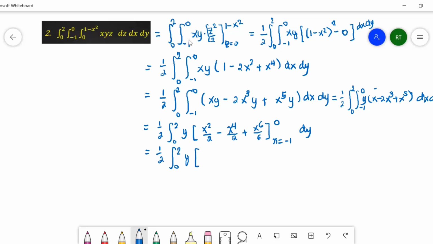When x is equal to the upper limit 0, everything is 0, so we have 0 minus. When x is -1, -1 squared is 1, so we will have 1/2. -1 raised to the fourth is also +1, so 1/2. Plus x raised to the 6 when x is -1 gives us 1 over 6.